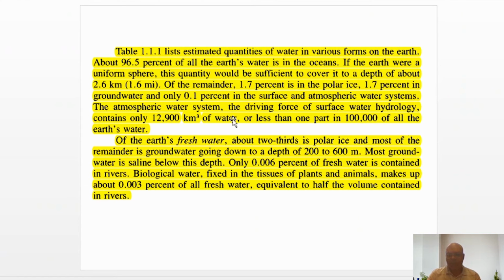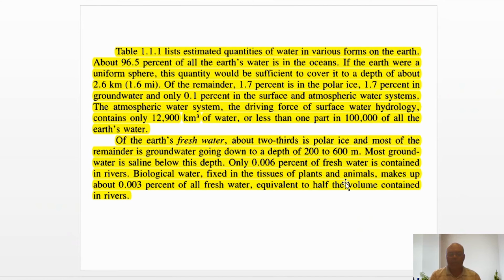And the atmospheric water, that is, the water available in the atmosphere at any point of time in terms of condensation, clouds and water vapor, totals 12,900 kilometer cube, and this is less than 0.1% of the total available water on this planet.